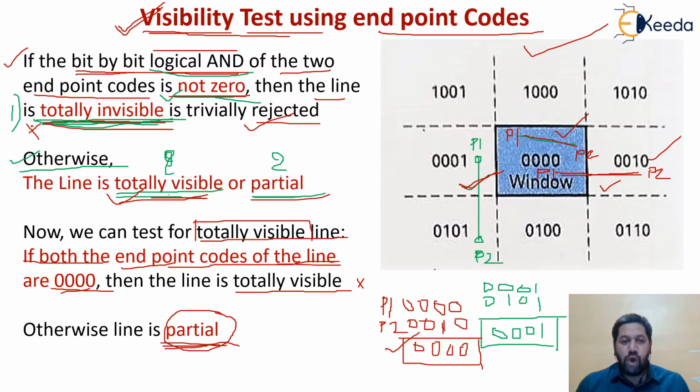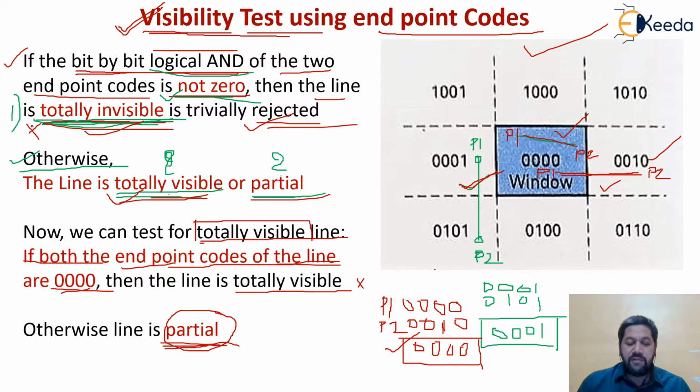Okay, so this is what helps us determine the visibility of the line. Now once we know the visibility of the line, what is our action plan? If the line is totally invisible, it is rejected.